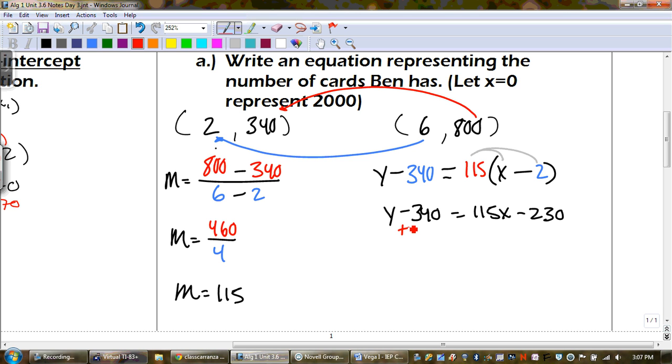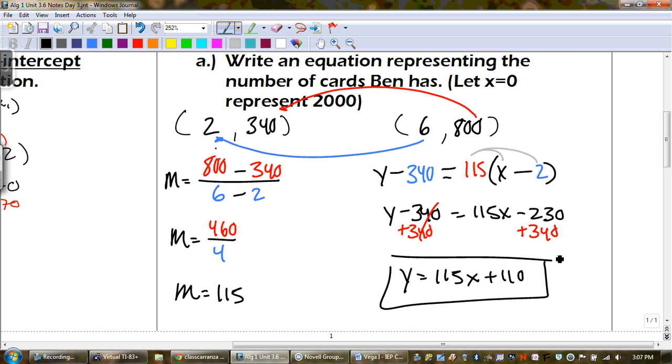Okay. And then add 340 to the other side. And we get our equation of y equals 115x plus 110. Make sure to put a box around that so we know that's your answer.